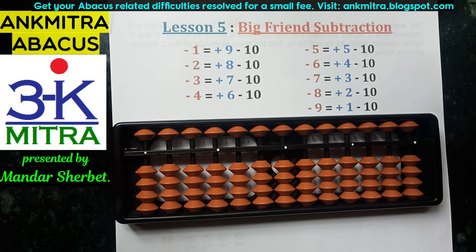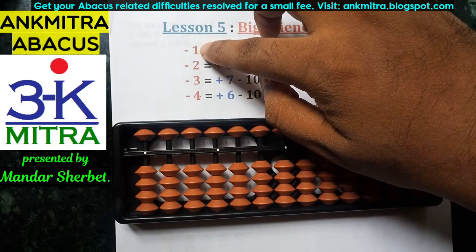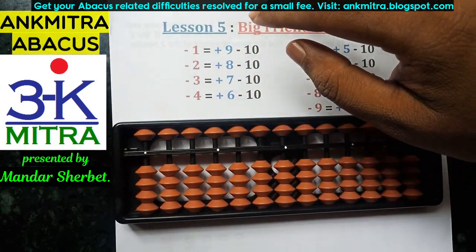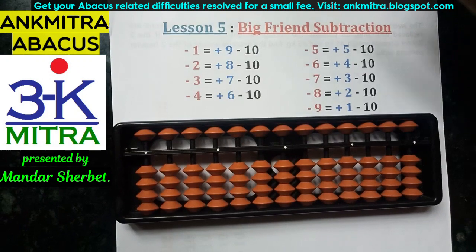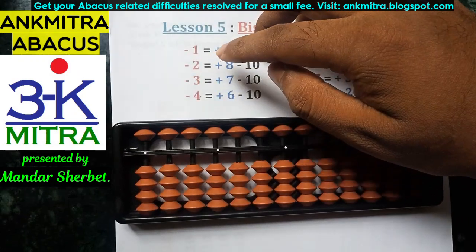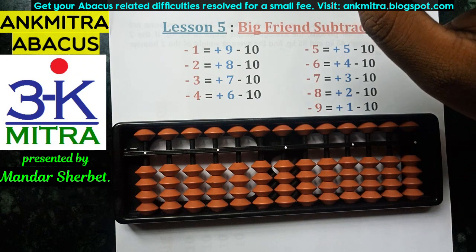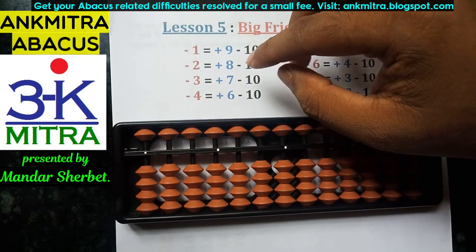Okay, so I hope the use of big friend formula is clear with everyone. I'll just summarize it once again. For digits 1, 2, 3 and 4, we need to do a 3-step check. The first is to check whether we can do it directly, whether we have enough beads on the particular rod to do the subtraction directly. When we don't have enough beads to subtract these numbers directly, then we check whether we have the bead of 5 available to subtract.